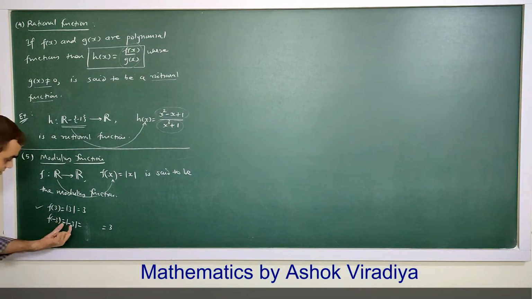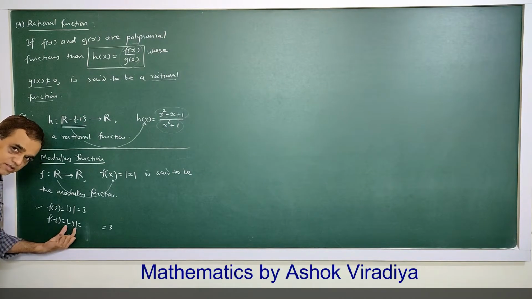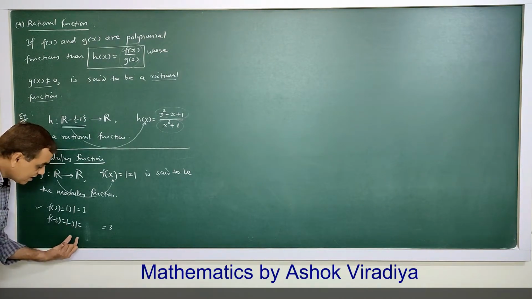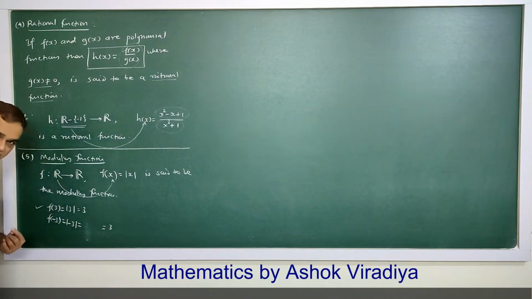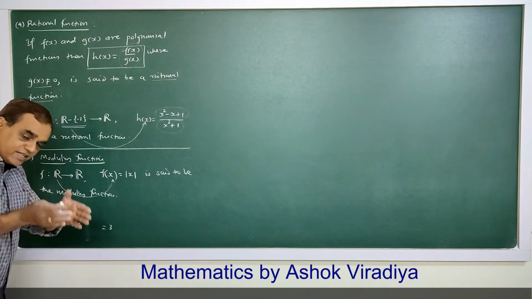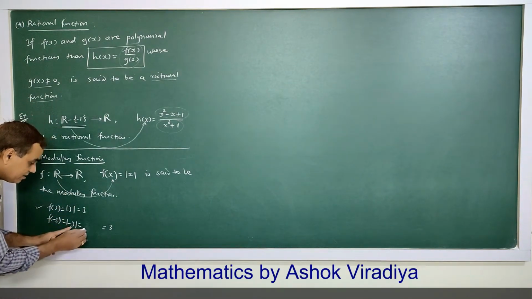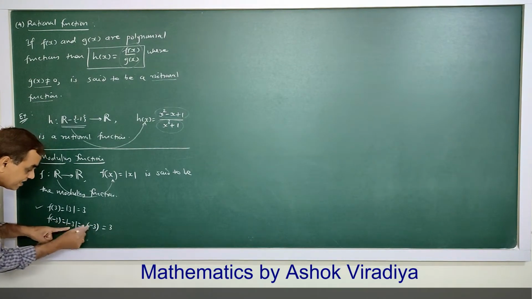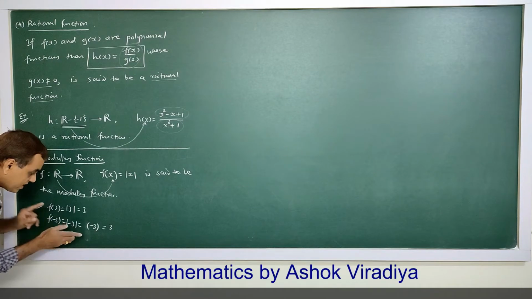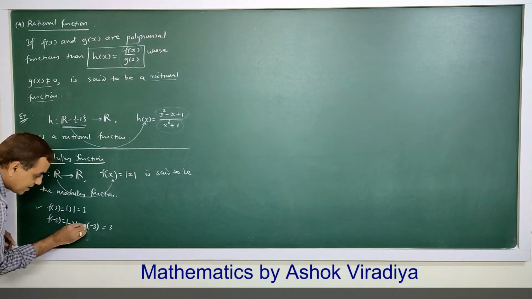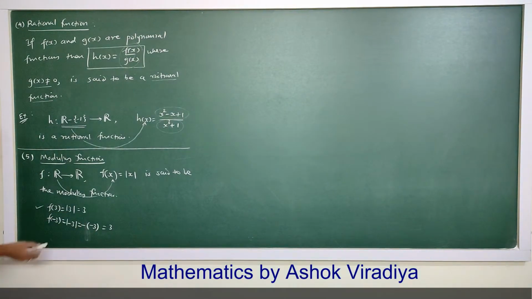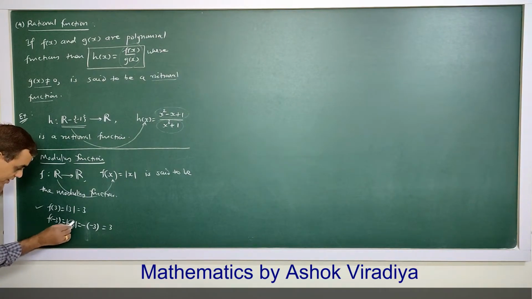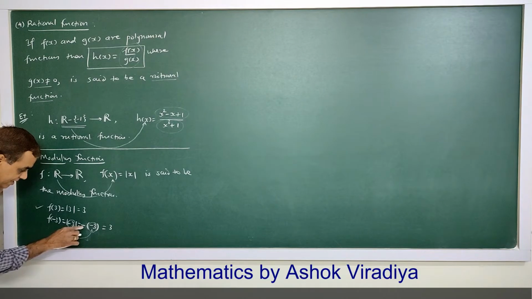Now what does this modulus machine do, how does it remove the minus sign? We can understand it this way: the number inside is minus 3. Now modulus applies one more minus. If the number is negative, then modulus applies one more minus sign before that number.